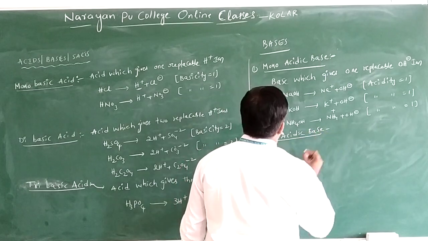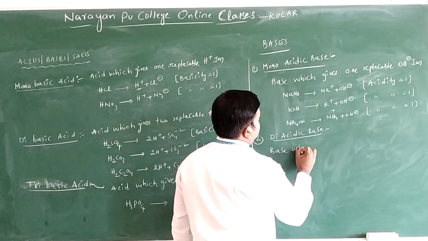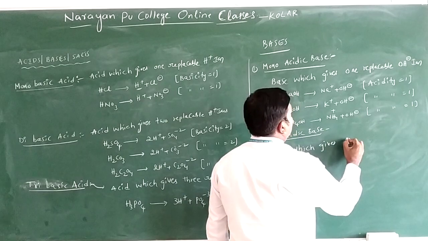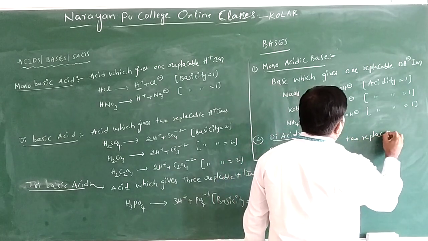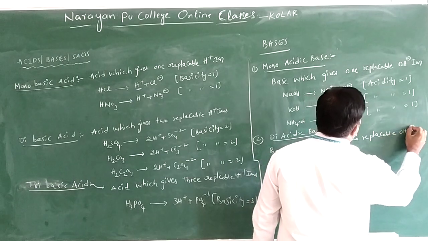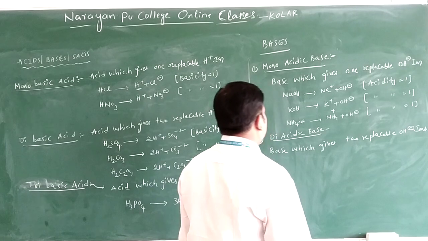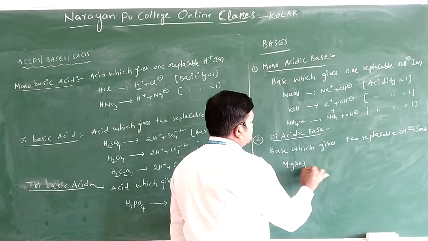Diacidic base: we have a base which gives 2 replaceable OH minus ions. Let us take an example. We have magnesium hydroxide.